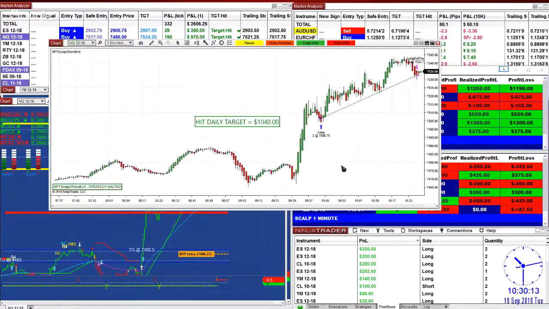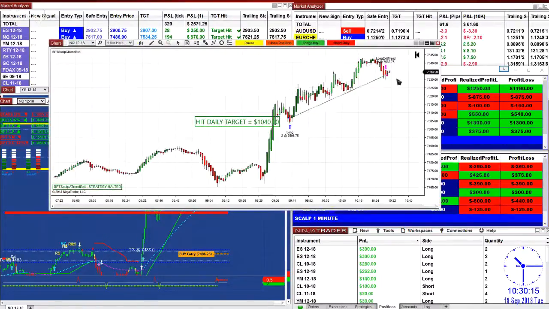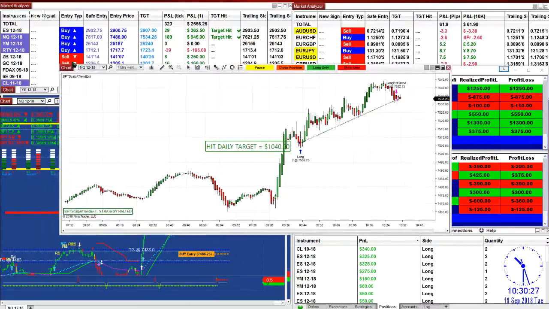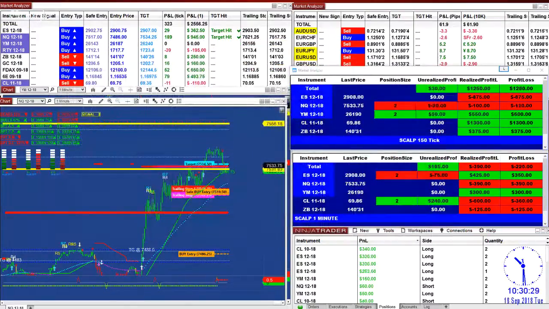We started around 9 o'clock, and this is one trade, and we are done with the Nasdaq. I've been enjoying this Nasdaq a lot. The Nasdaq has become really nice to trade. I even start liking it better than the ES.